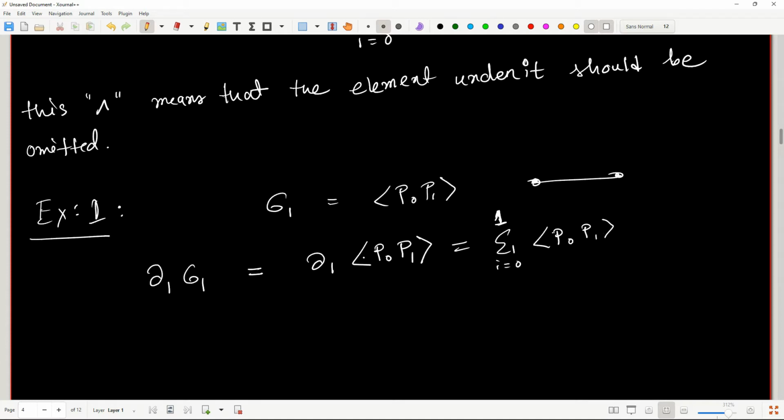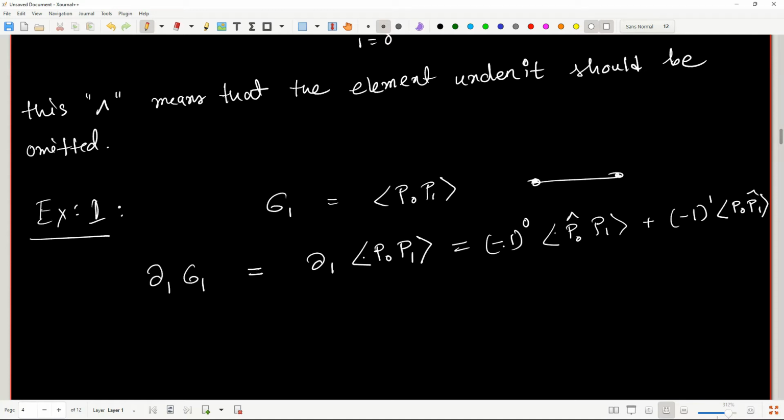If I write this explicitly, when i equals 0, I'll have (-1) to the 0, and a hat over p0, and there will be a p1. Then plus I'll have (-1) to the 1, and a hat over p1.